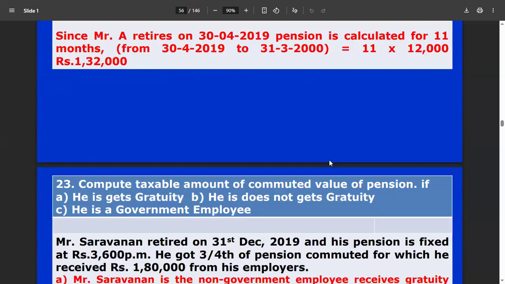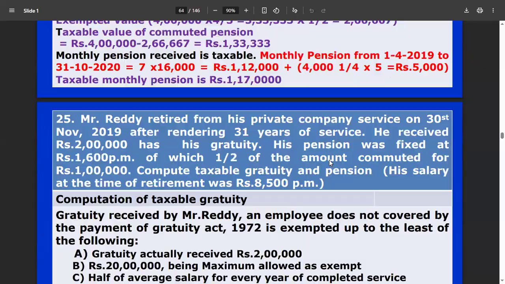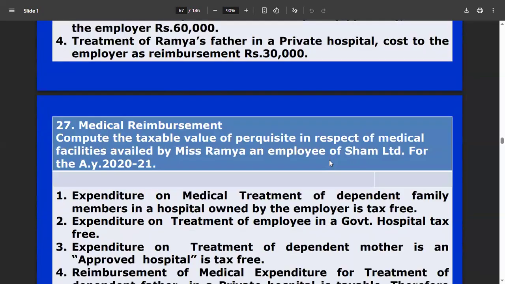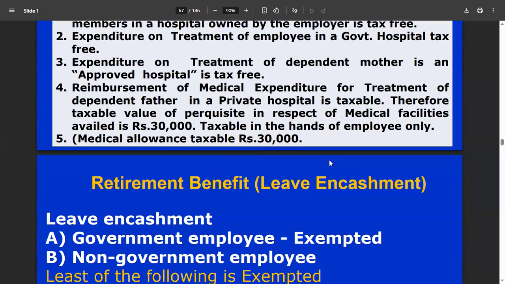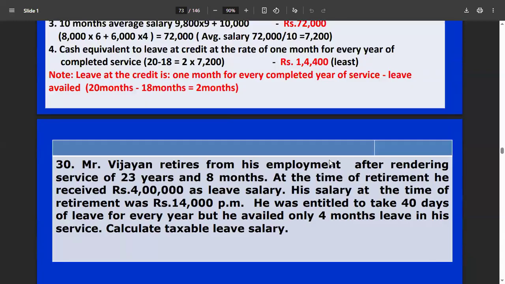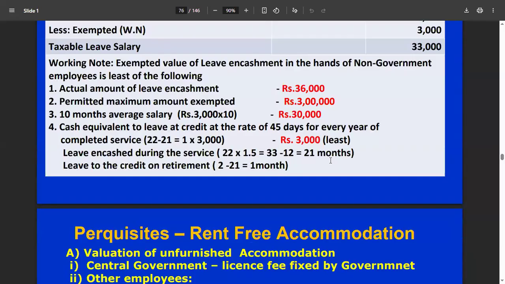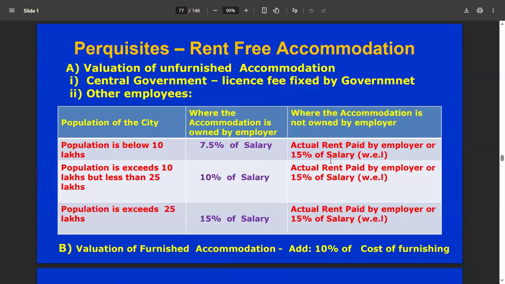After the pension part and gratuity part, we are going to discuss medical expenses, leave encashment, and then we are going to calculate perquisites. So this way, we are going to revise our second unit of income from salary.